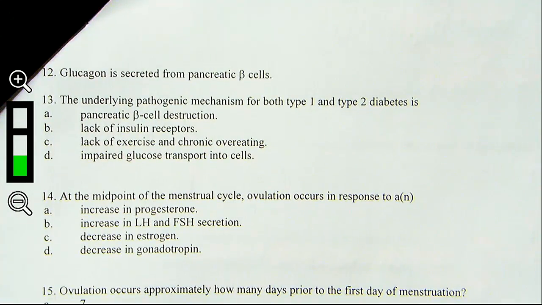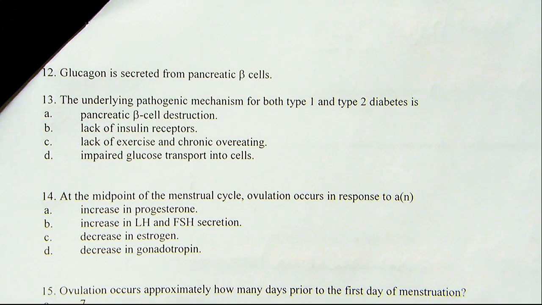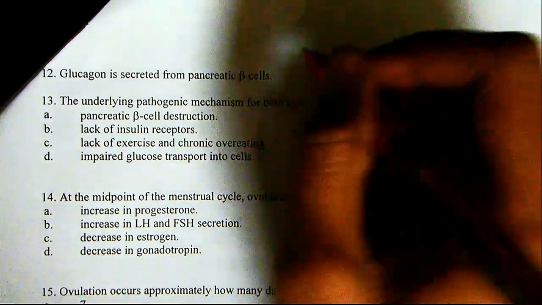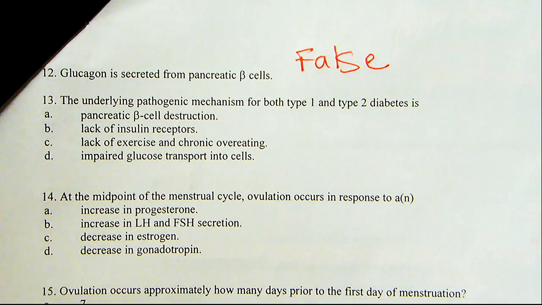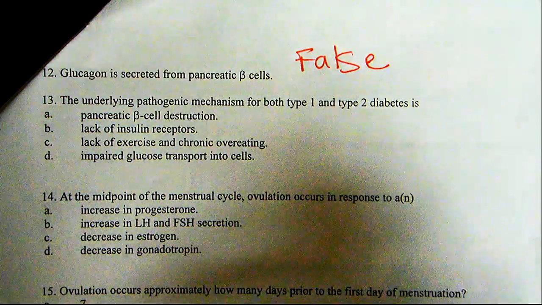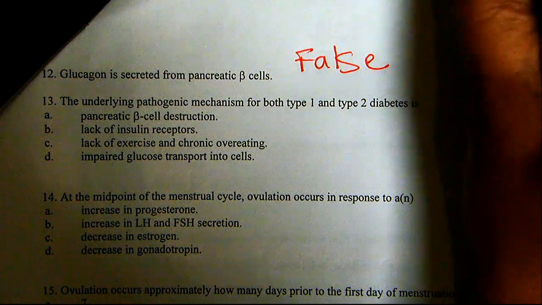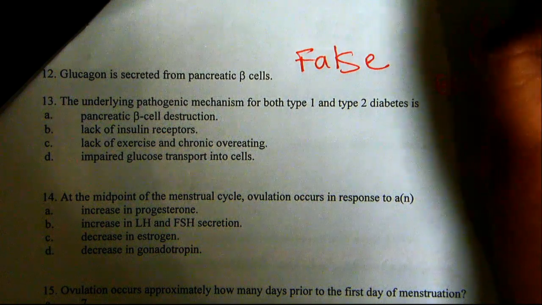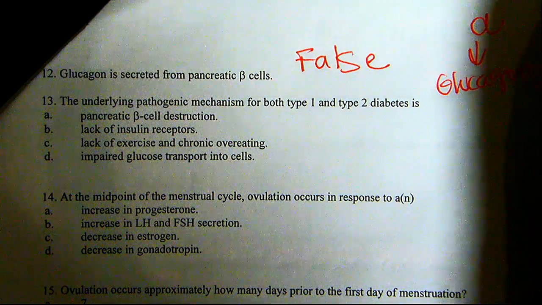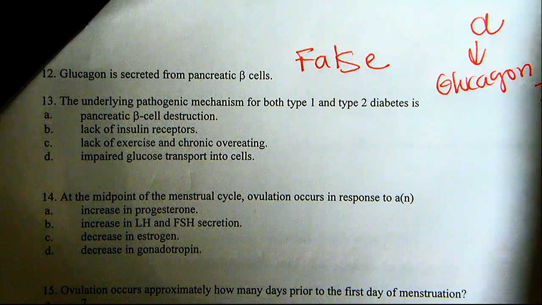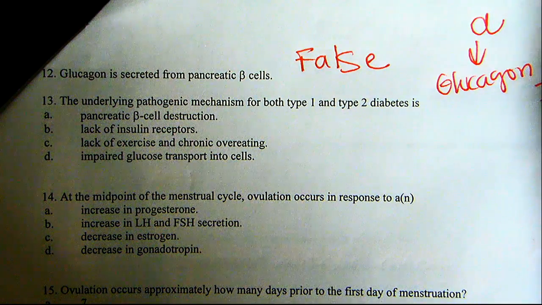Glucagon is secreted from pancreatic beta cells. True or false? This one is false. So where is glucagon secreted from? Yeah, so the pancreatic alpha cells, right? From the beta cells, we secrete insulin, then the delta cells are going to secrete somatostatin.